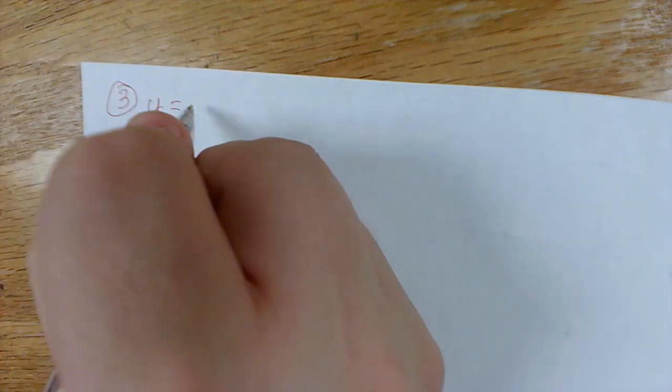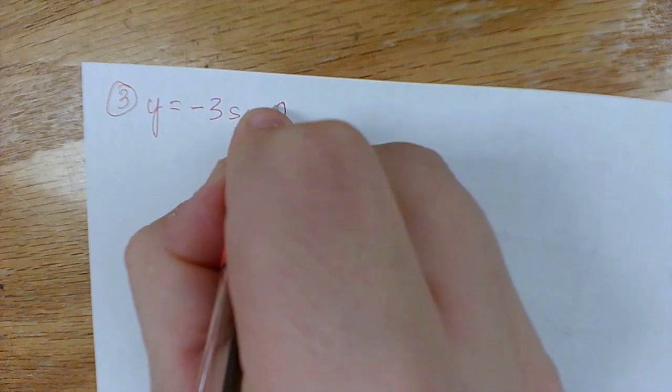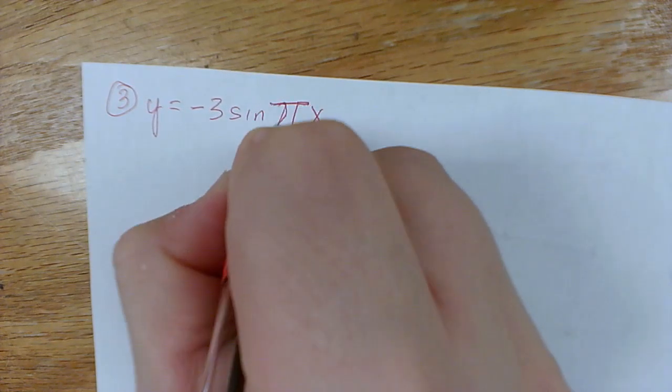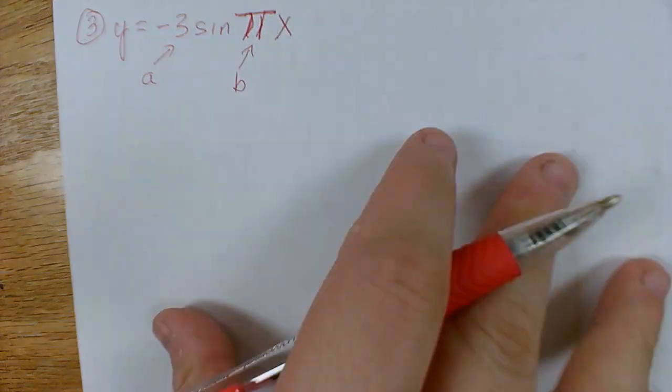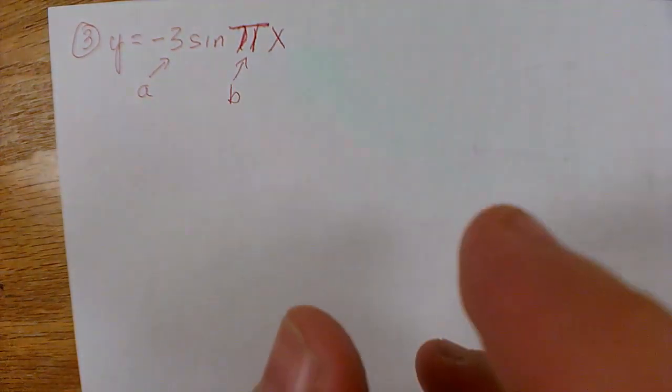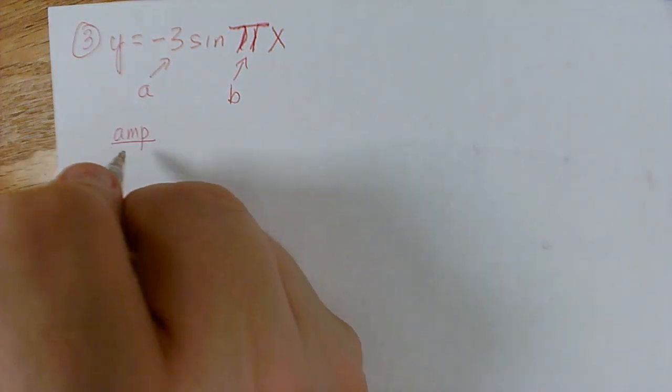So now, let's look at question 3, and this one throws a wrench into the machine. This graph is y equals negative 3 sine of 2x. I'm sorry, pi x. Man, that's a beautiful pi I just drew. So this time, this is your A, this is your B, and we still have no H. We're going to find the amplitude of this function.